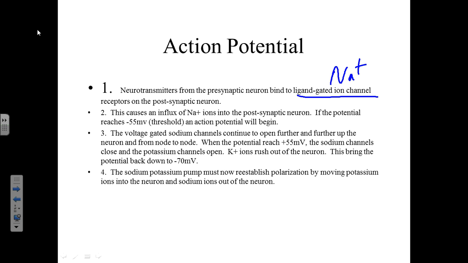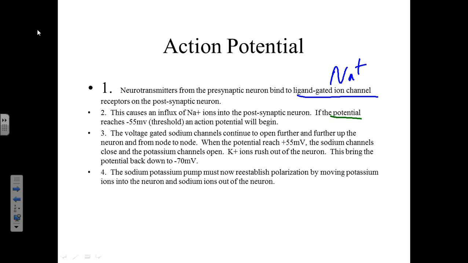This causes an influx of sodium ions into the postsynaptic neuron. If the potential goes up to -55, the threshold, the actual action potential begins. The voltage-gated ion channels continue to open more and more, which means more and more sodium comes in.